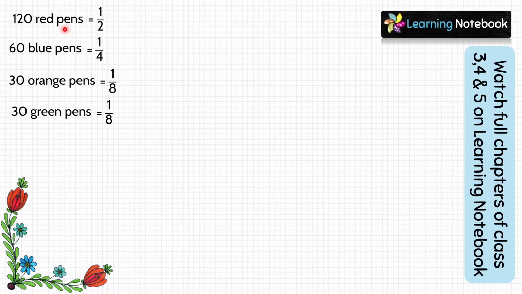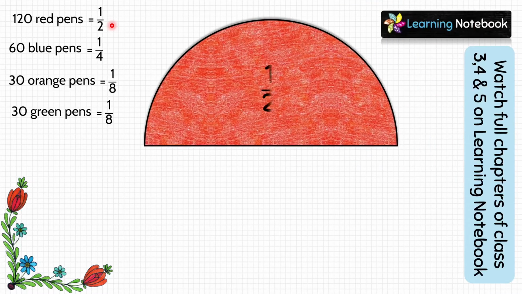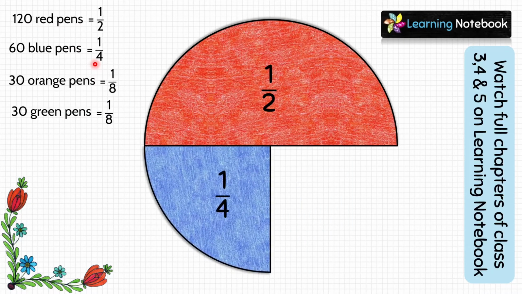First fraction is 1 by 2. So let's take a red colored semicircle which is 1 by 2. So this represents 120 red pens. Now let's take fraction 1 by 4 from the blue circle, and this is going to represent 60 blue pens.